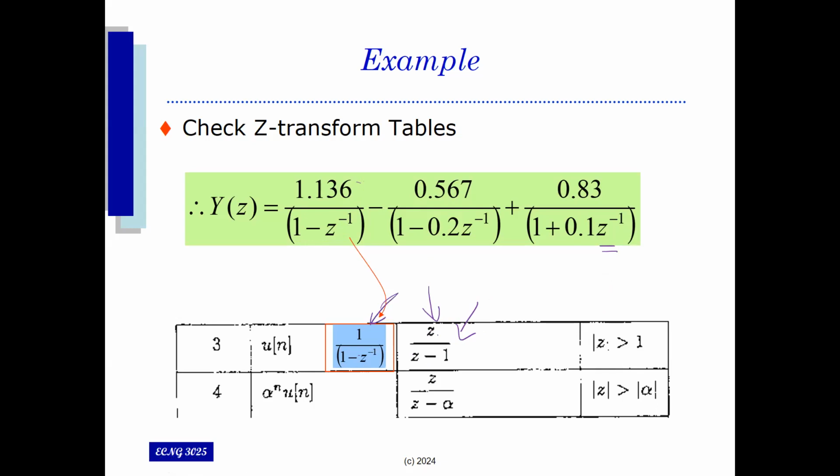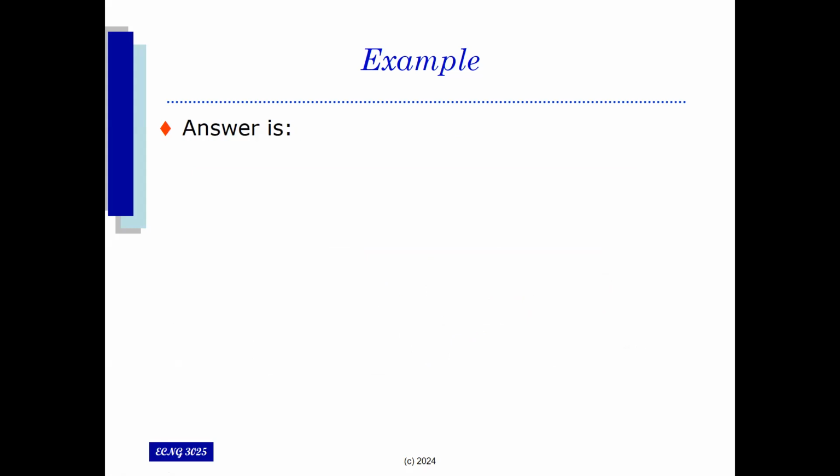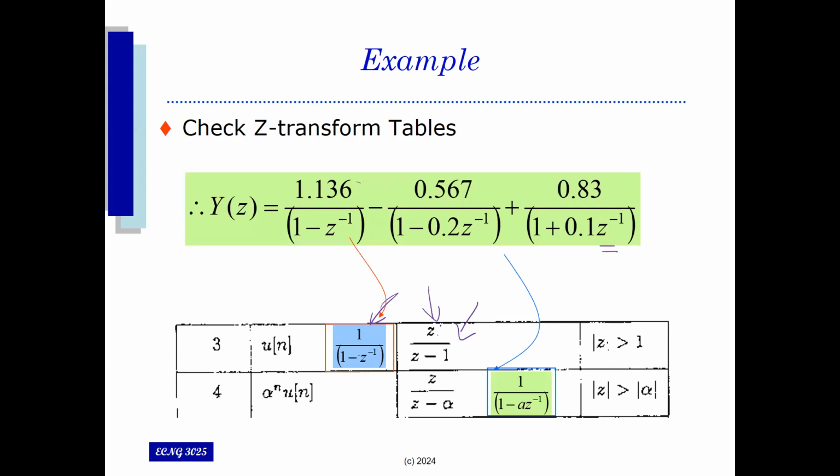And from that, you know the answers: this one is the z transform of the unit step. This expression, which is like this, is the transform of an exponential function. The u[n], of course, makes sure that the answer is causal, because u[n] only exists for n equal to 0 forward.